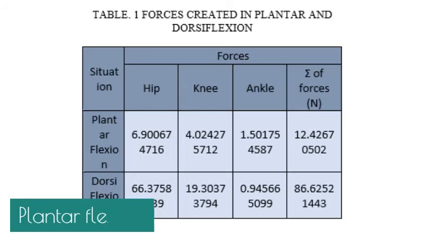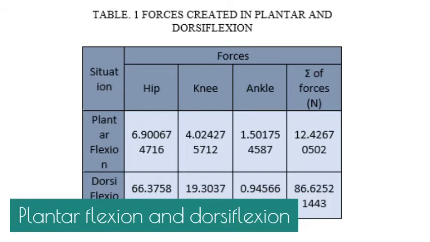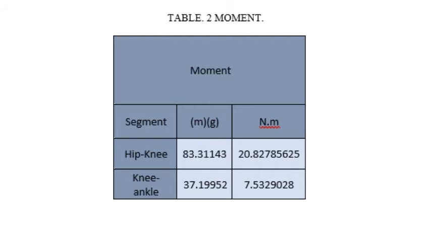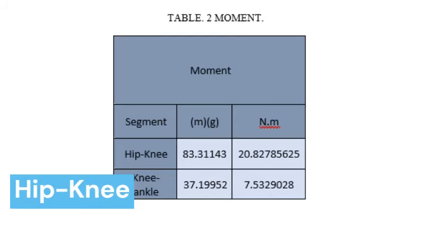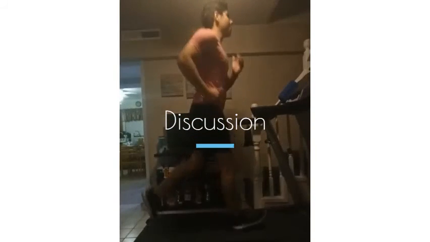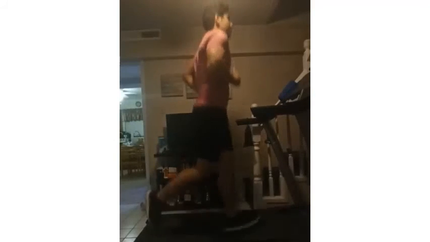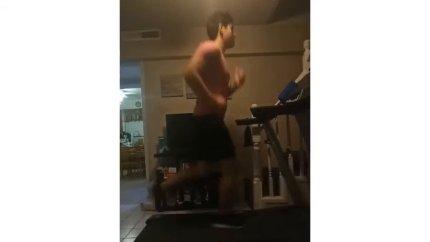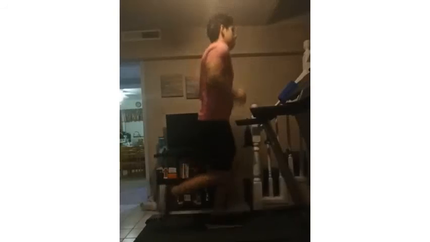The forces were calculated in two moments, during plantar flexion and dorsiflexion, as we can see in the table. Moments were calculated with two segments, hip-knee and knee-ankle. According to our results, our subject has a normal range of angle: 65 of plantar flexion and 90 of dorsiflexion. On the other hand, results have shown a big force in dorsiflexion.